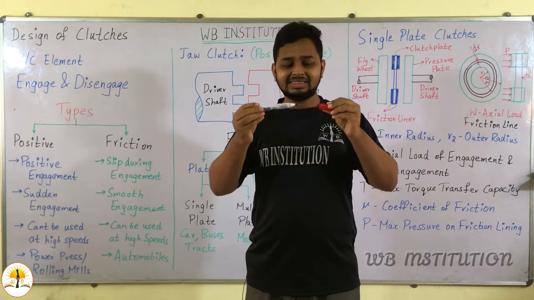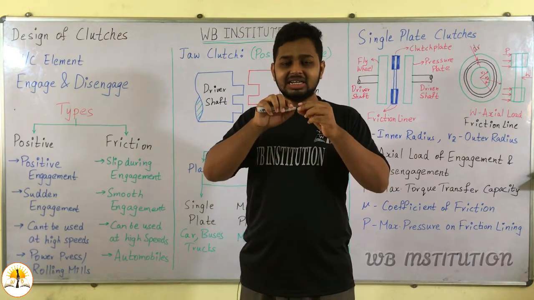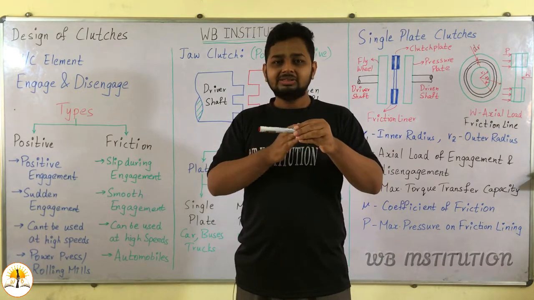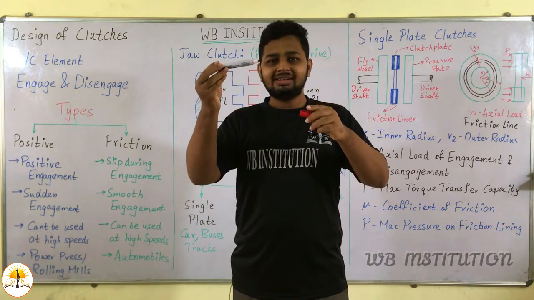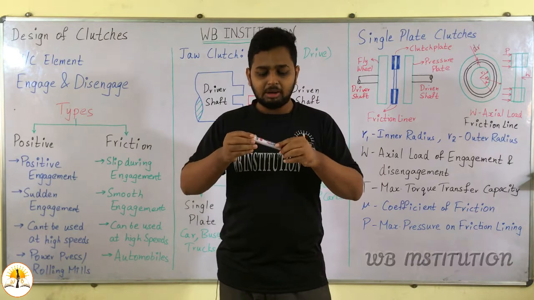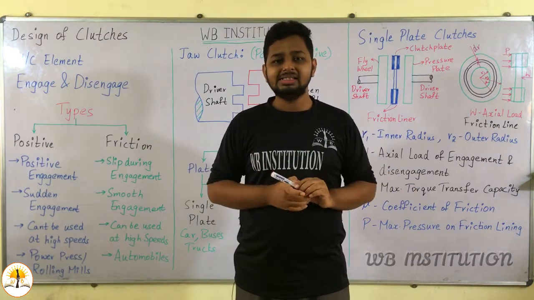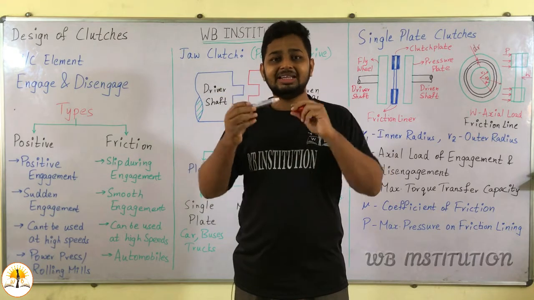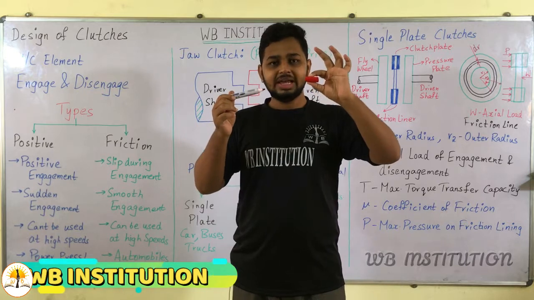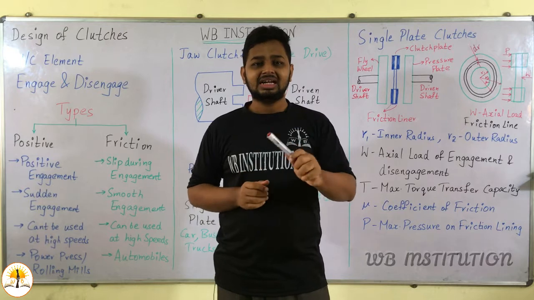So in those cases, we use a machine element known as a clutch. This clutch is used to transfer the motion from driver shaft to driven shaft, but when the motion is not needed at the output, that is at the wheels, then we can directly apply the clutch, so that the driver pulley will be rotating and the driven pulley will be in a stationary condition. So this machine element is known as a clutch.